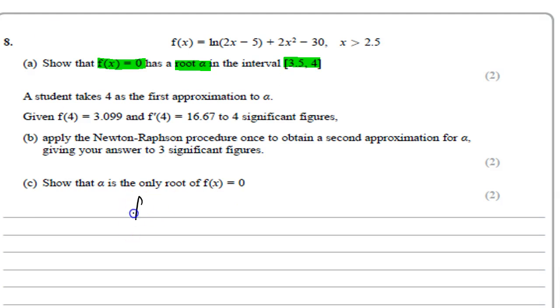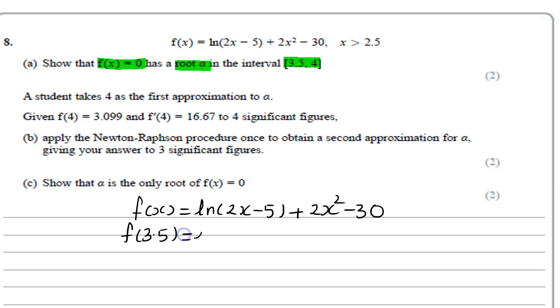So f(x) is equal to ln(2x minus 5) plus 2x square minus 30. Let's put 3.5 there. So f(3.5) is ln(2 times 3.5 minus 5) plus 2 times 3.5 square minus 30.